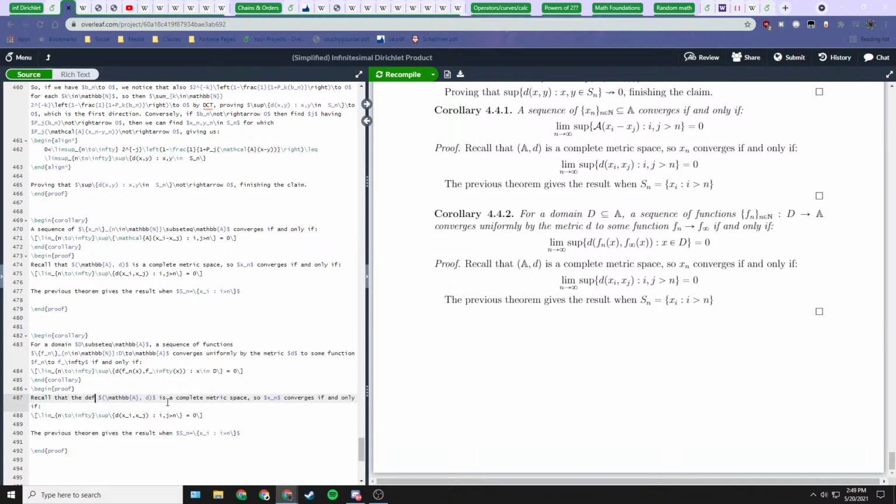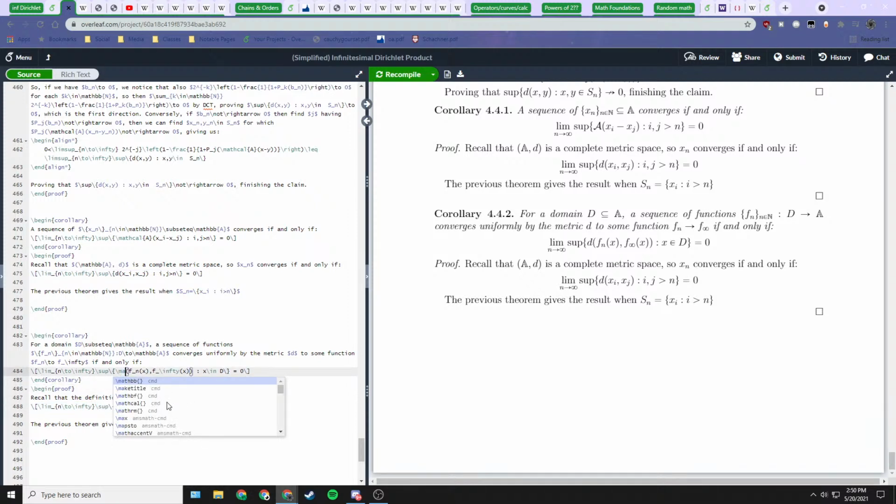So this follows from the definition of uniform convergence. We want to say, instead of D, A of the difference.